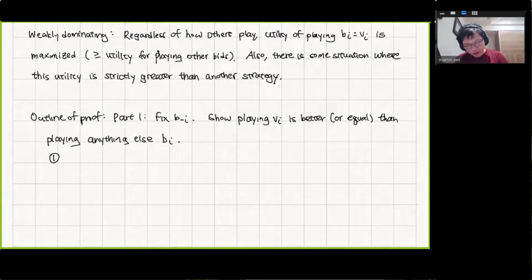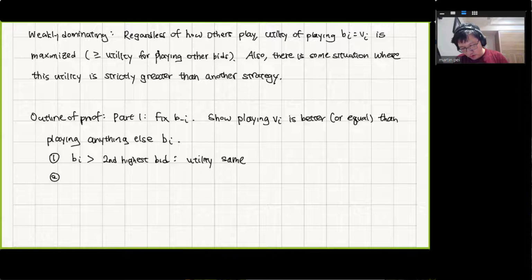And then we had the two cases, either BI greater than the second highest bid, in which case nothing changes, utility is the same, or BI is less than second highest bid, in which case utility actually decreases.